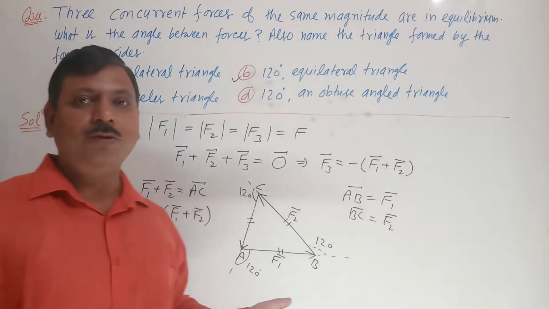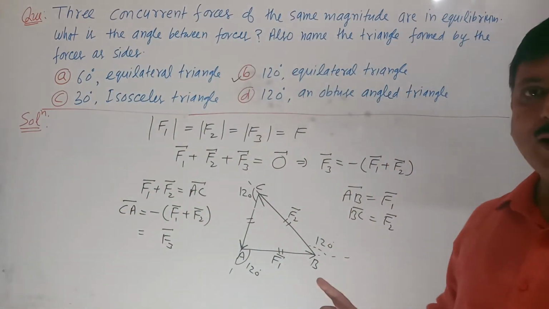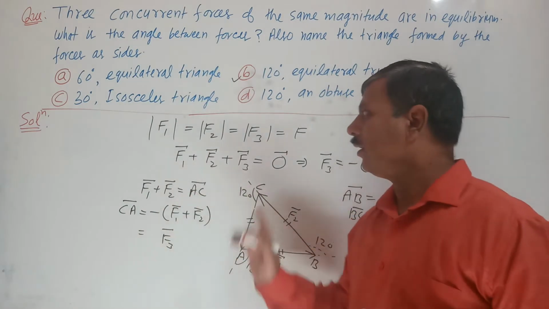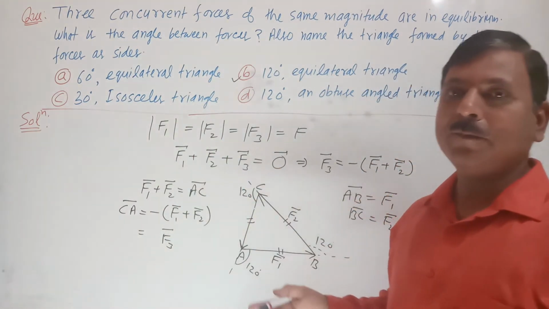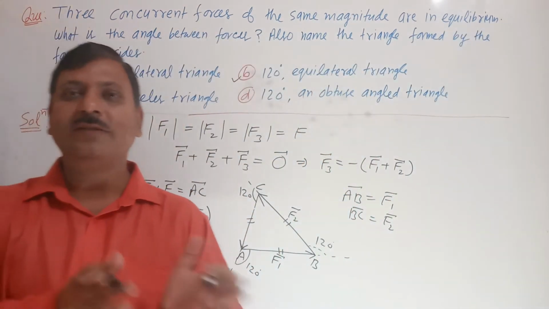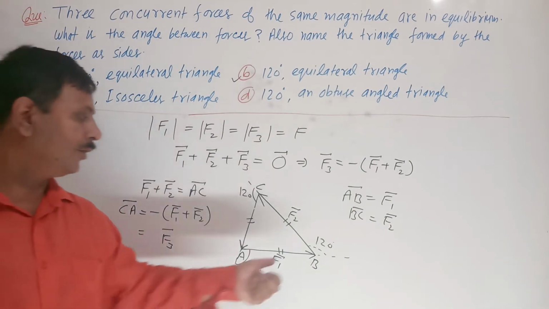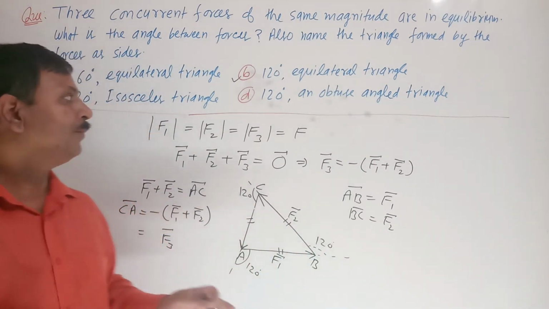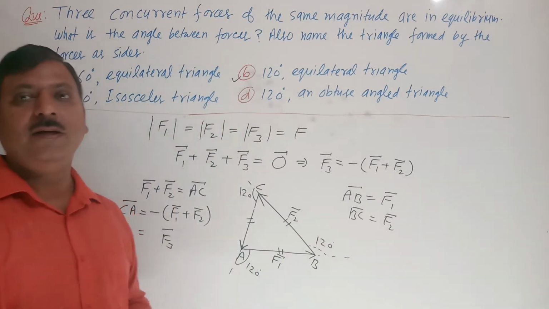With three sides, the closed polygon will be an equilateral triangle, first thing. And second thing I have told you, if three vectors have equal magnitude and the resultant has the same magnitude as the individual vectors, then the angle between two vectors is 120. So here you can see we have formed 120. Then you can say option B will be correct.